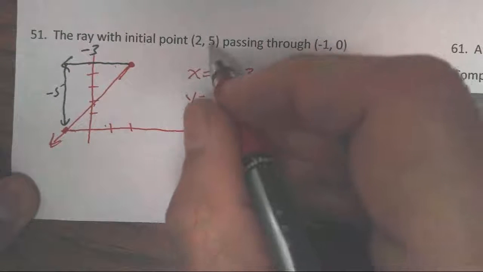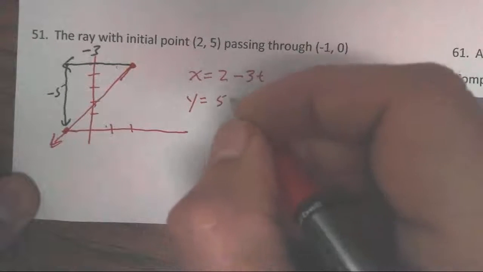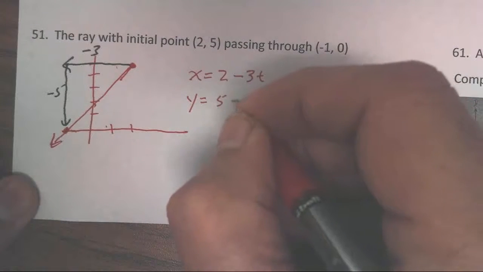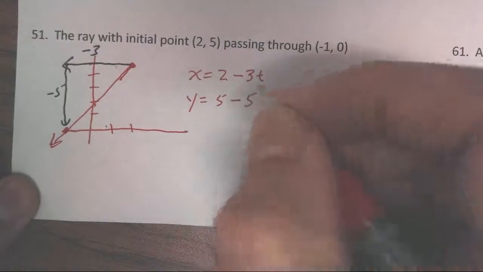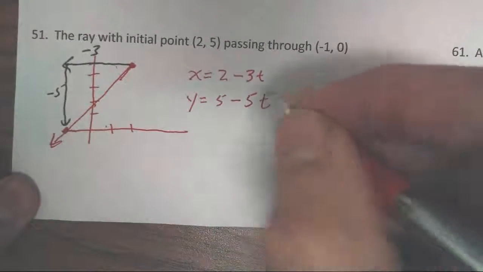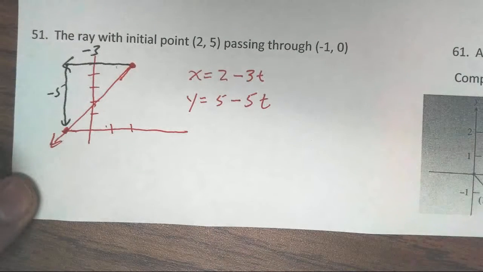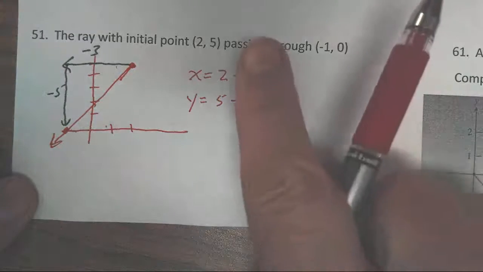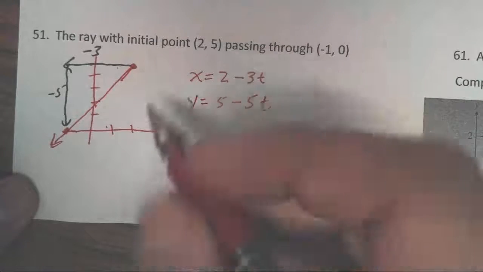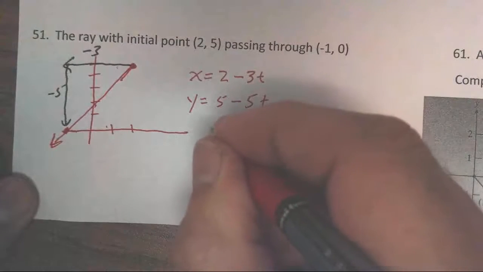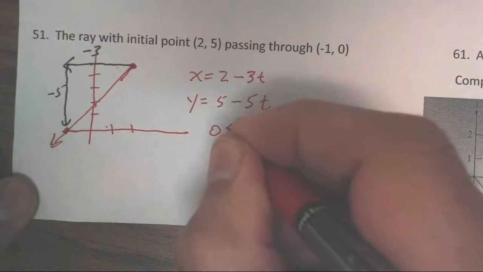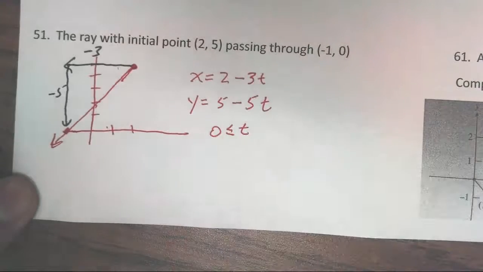Y equals, where did we start? 5. Where are we going? Down. How far down? 5. How often down? Every time unit. How about our values for t? When t equals 0, I've got 2, 5, and that's a good point. It's my starting point. So 0 is less than or equal to t.